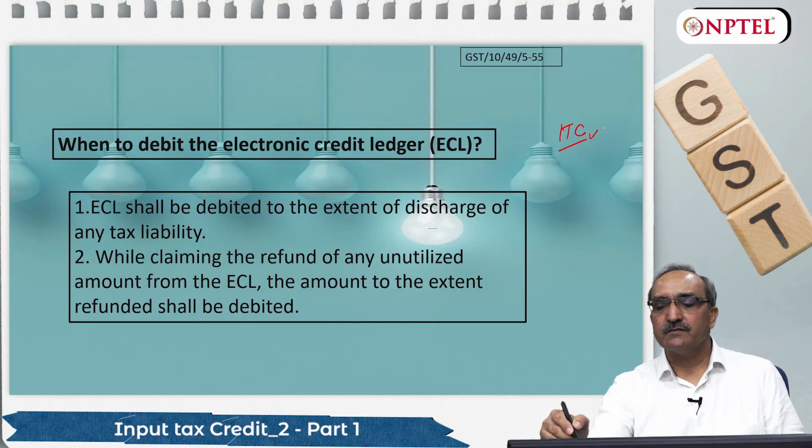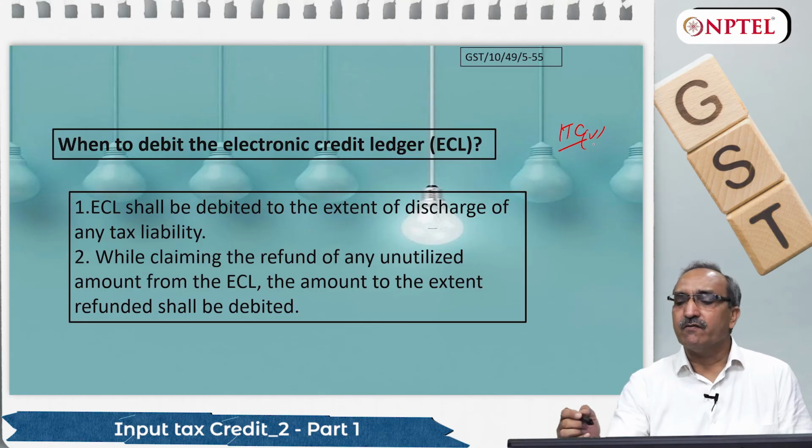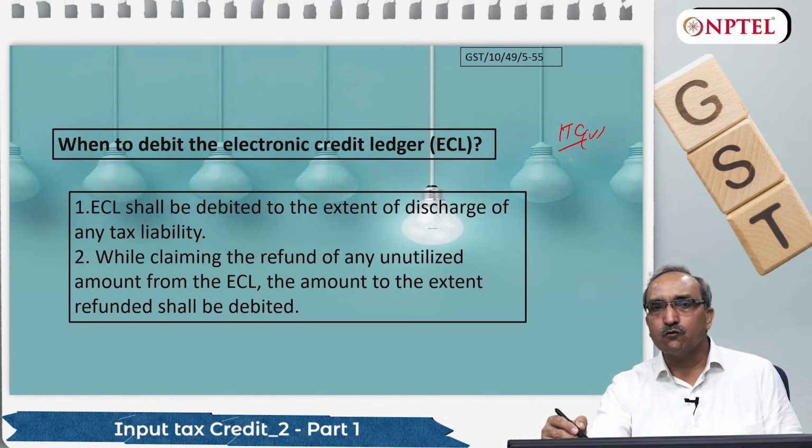This benefit will be available to him in the electronic credit ledger. The amount will be credited to his electronic credit ledger, and whenever we use this amount for the payment of taxes, this balance gets reduced.